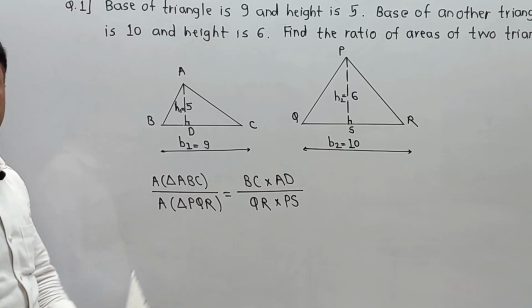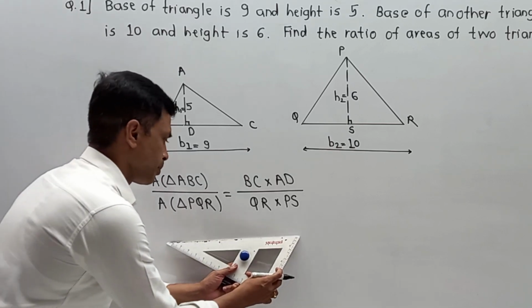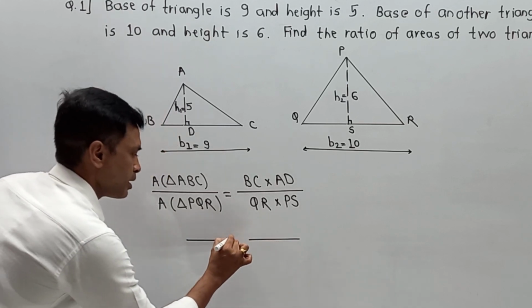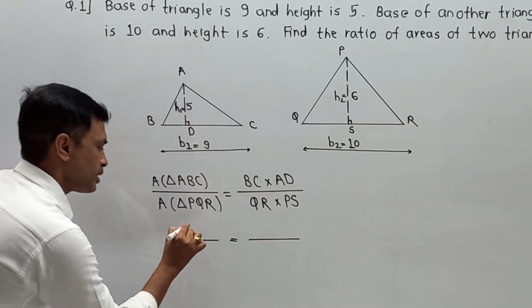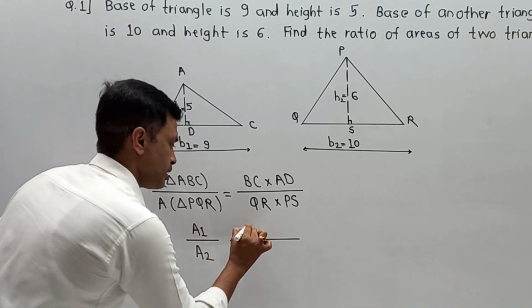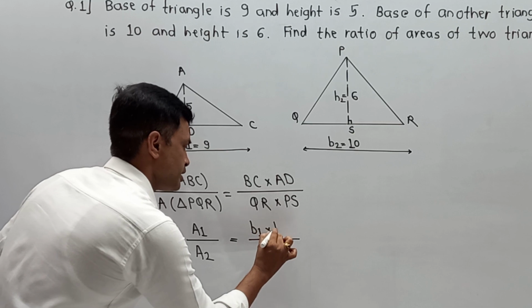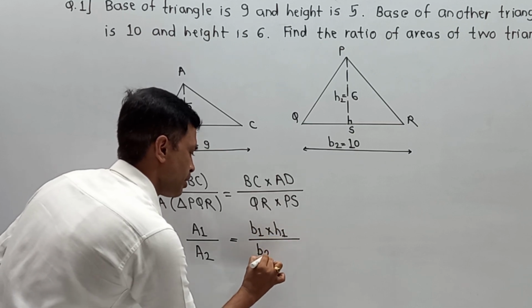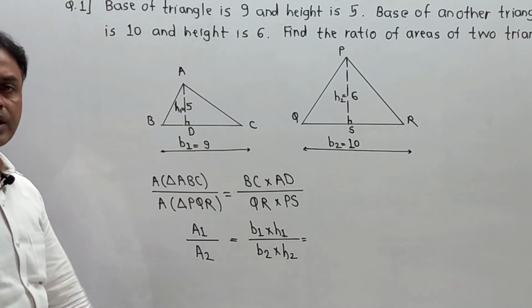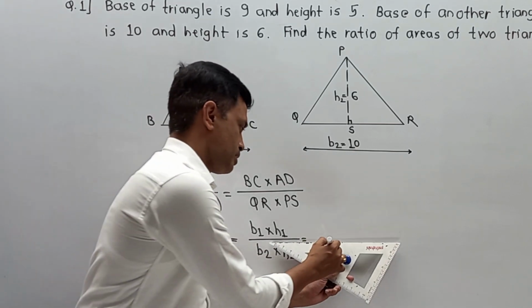Also you can write the same in symbolic presentation: area of first triangle divided by area of second triangle is equal to base into height of first triangle divided by base into height of second triangle. Now we are going to start the simplification.